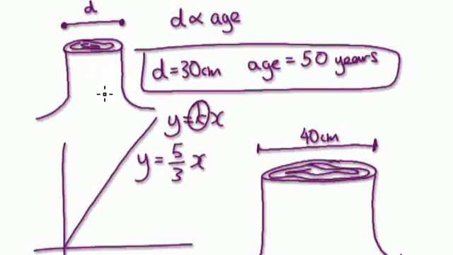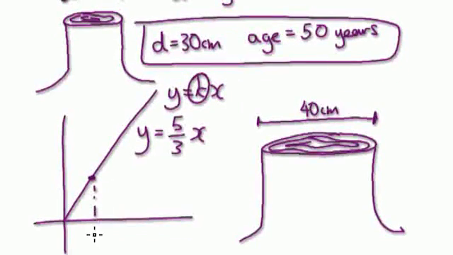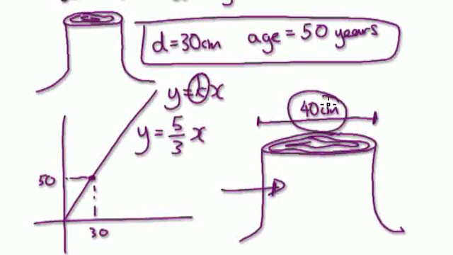Now we've got an equation. So for this tree, let's say this tree was 30, and this here is 50. Now, looking at this tree is what we're trying to work out: the age of this tree when the diameter is 40. So you would look up 40 along here, and we are trying to work out this age here.